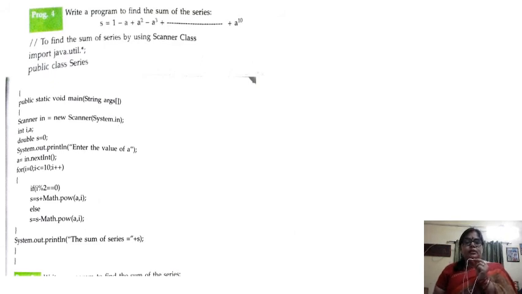Now here is another series program. It is easy. Okay, see here, s is equal to 1 minus a plus a to the power 2 minus a to the power 3. See in between, the sign is changing. See how it works. Here, as we have input with the scanner, the loop is there. Here we have put a condition: if i modulo 2 is equal to 0, then s is equal to s plus Math.pow(a, i), else s is equal to s minus Math.pow(a, i).